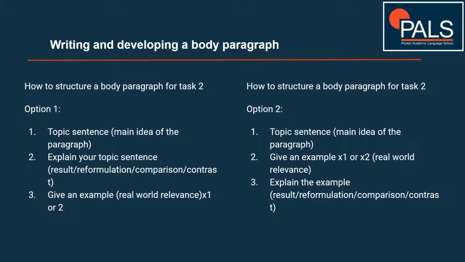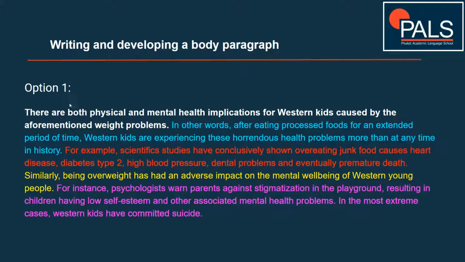Okay, so this is option 1 here. Option 1 follows topic sentence, explanation, an example. There are both physical and mental health implications for Western kids caused by the aforementioned weight problems. In other words, after eating processed foods for an extended period of time, Western kids are experiencing these horrendous health problems more than at any time in history.